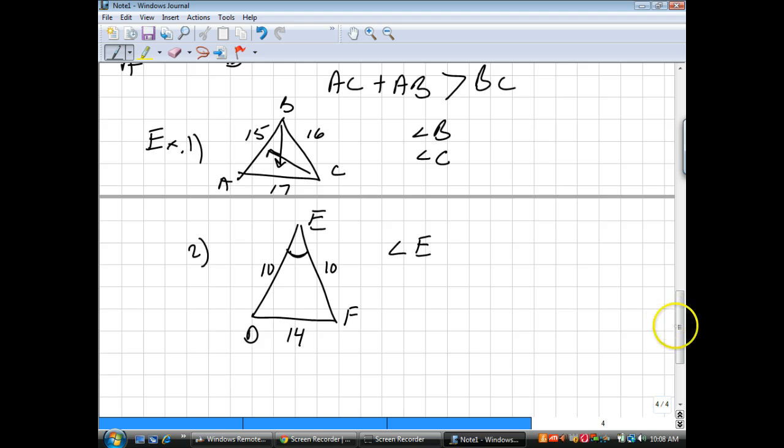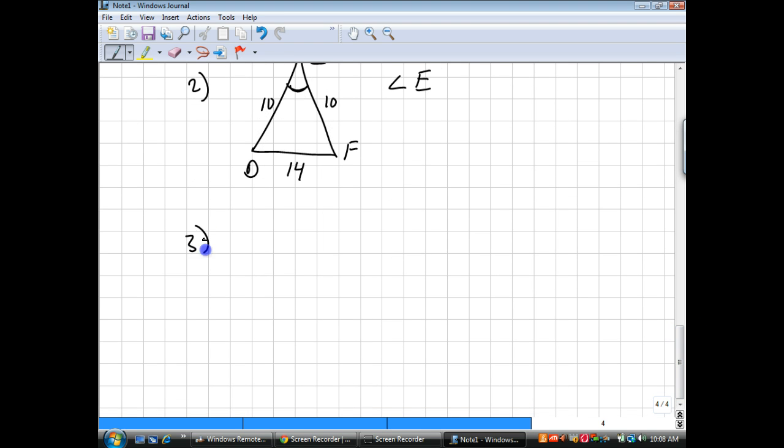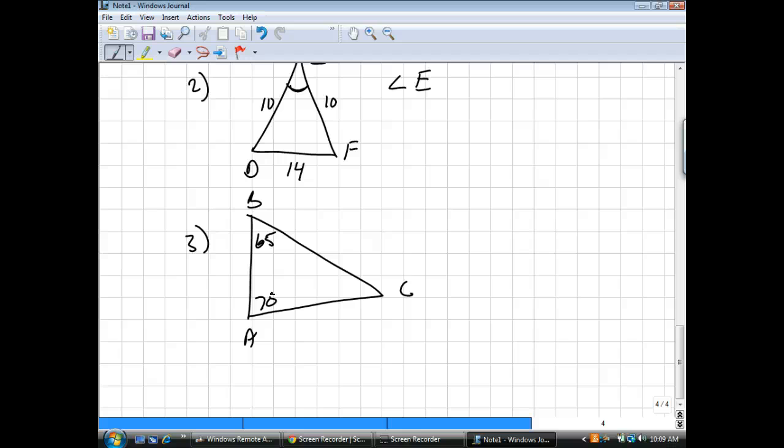Example 3. If I had this triangle, and I knew this angle was 65, this angle was 70, so that's 135, so this angle would have to be 45.